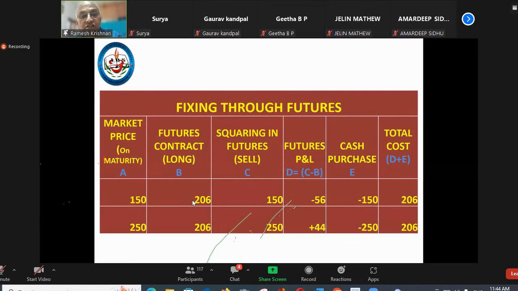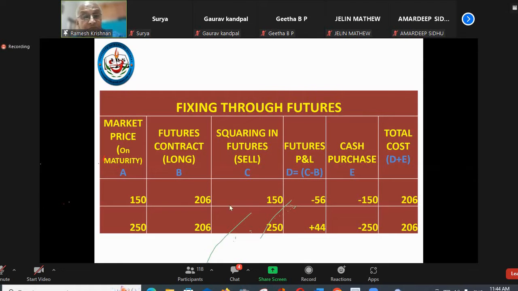Because 206 is what you bought from the exchange and 150 is the price on the maturity date. So the exchange bought it back from you, 56 rupees you lost in your futures contract to the exchange. But simultaneously, you bought cement from the market at 150 and completed your construction. So your effective total cost is 150 plus 56, 206.